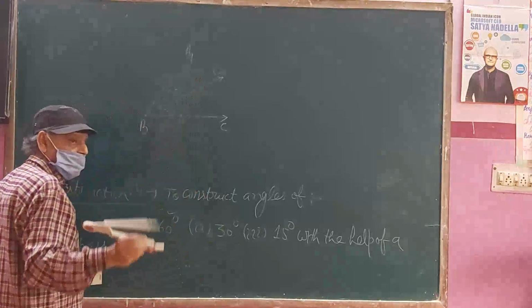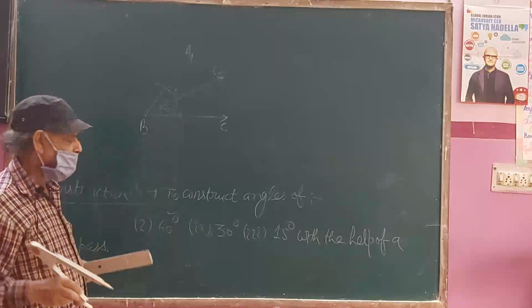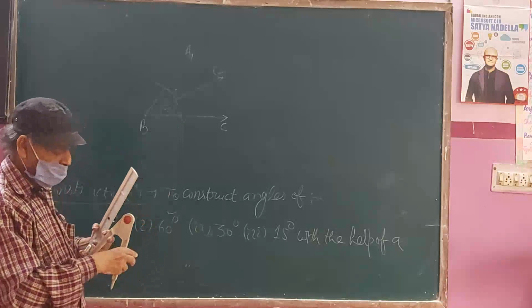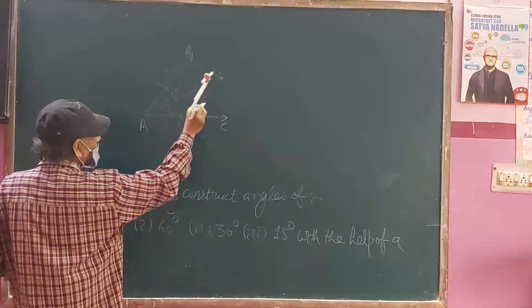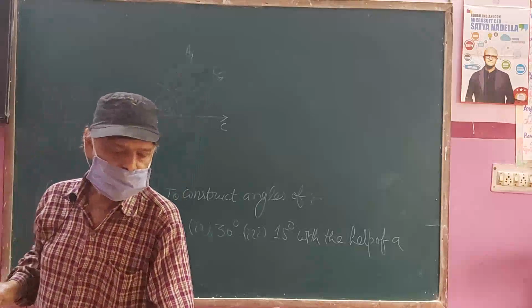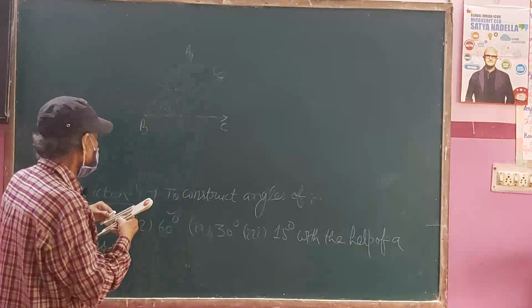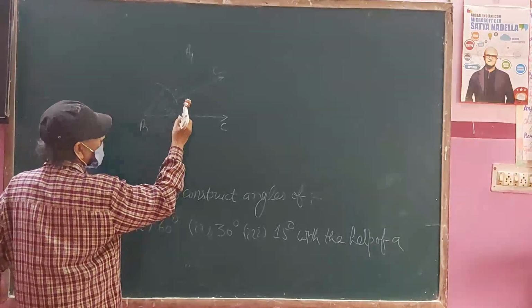Half of 60 is 30 degree. Then if you again bisect it, keeping your non-pencil end tip at F and D, draw an arc, then you get 15 degree. You can do it likewise. Well, in the same 60 degree you can make 30 degree and 15 degree both.